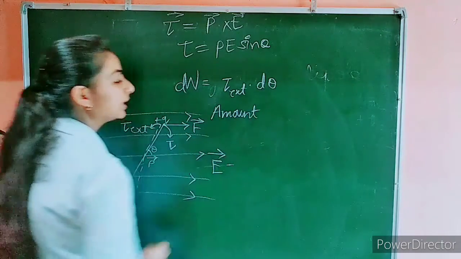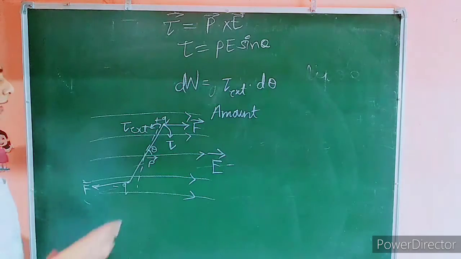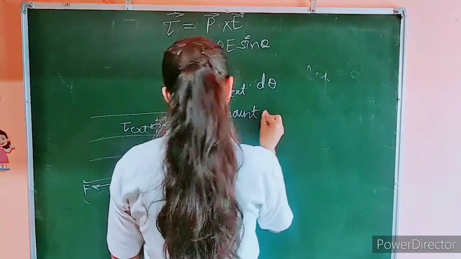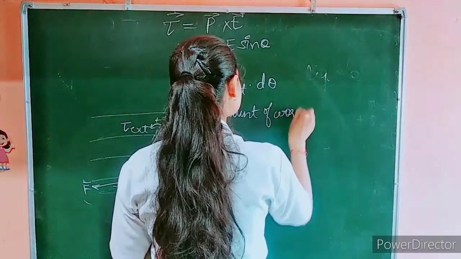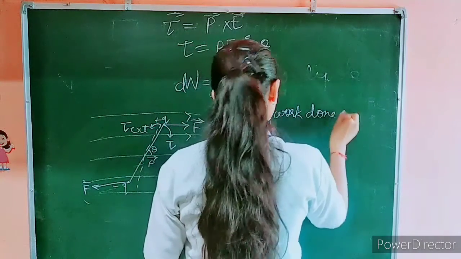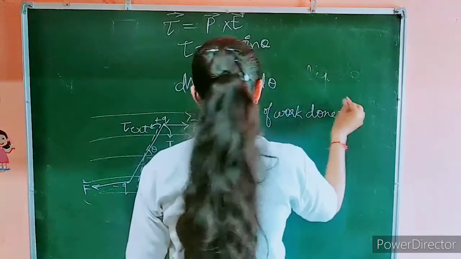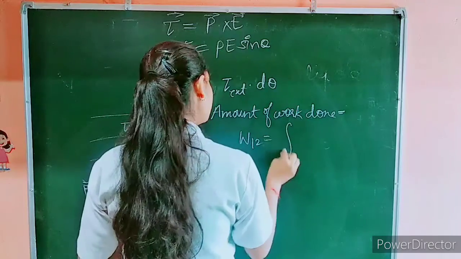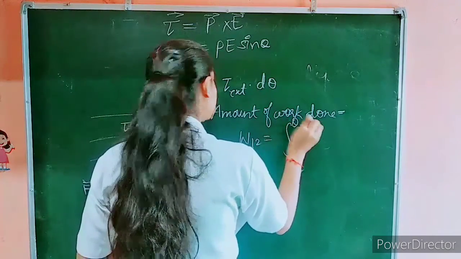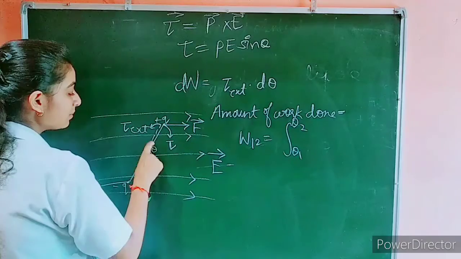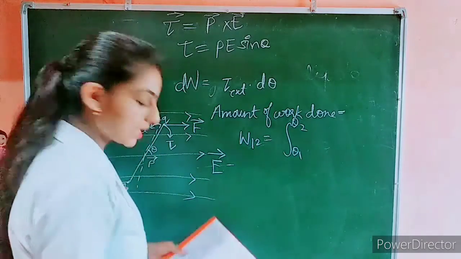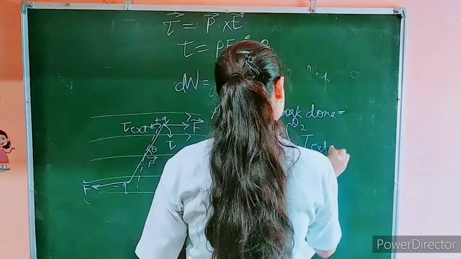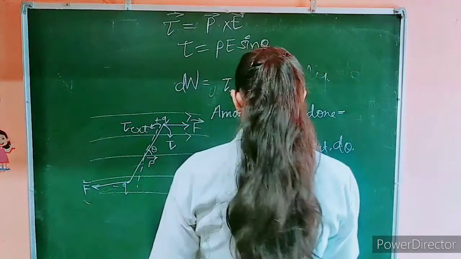we will calculate the amount of work done in moving a charge. So the amount of work done will be equal to the integration from theta 1 to theta 2, because this will move, so our theta will change from 1 to 2, of tau external into d theta.